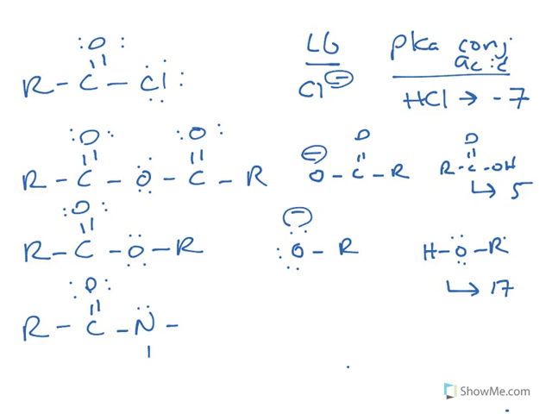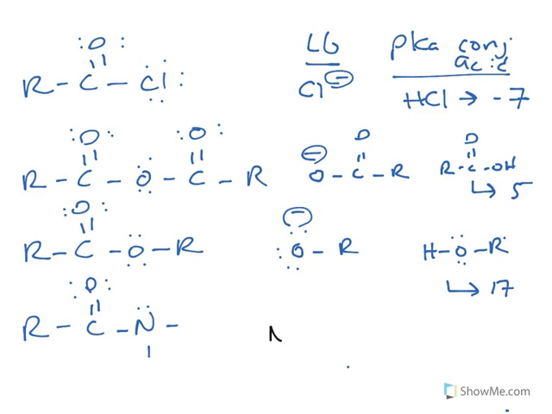So this being a weaker acid makes this a stronger base, all right? So we're starting to see a pretty poor leaving group, all right, in the OR minus, and we really need acid catalysis to get esters to react, all right? Whereas anhydrides and acid chlorides do not need acid catalysis to react in nucleophilic addition elimination reactions.